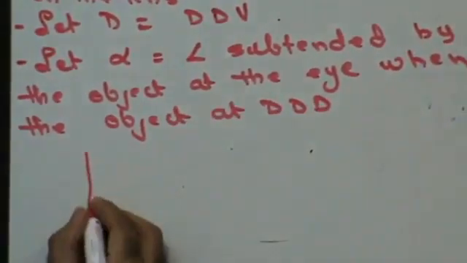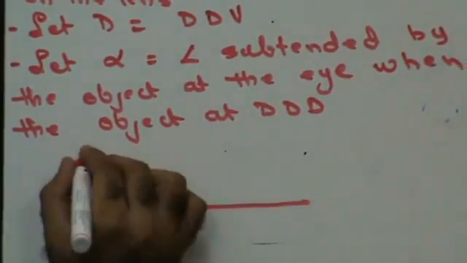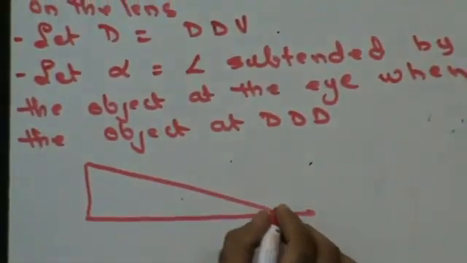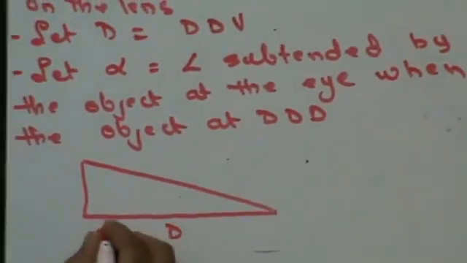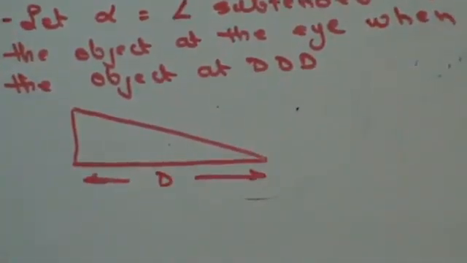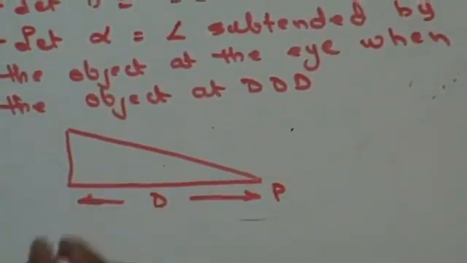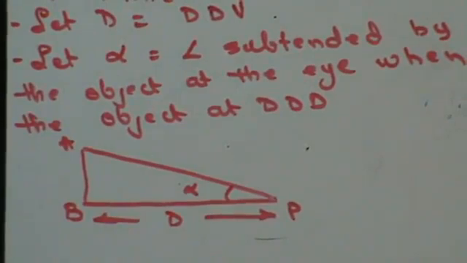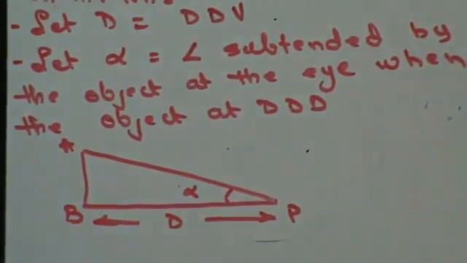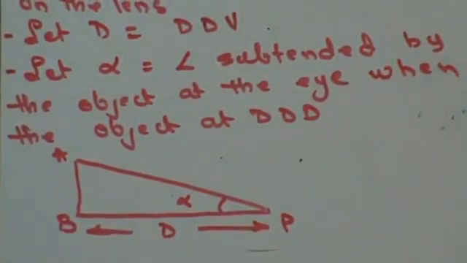These are all the assumptions I am making. Instead of placing the object between F and P, suppose I place the object at DDV from my pole, then let us assume that this angle is alpha. Alpha is the angle when the object is at DDV, beta is the angle when the object is between P and F.